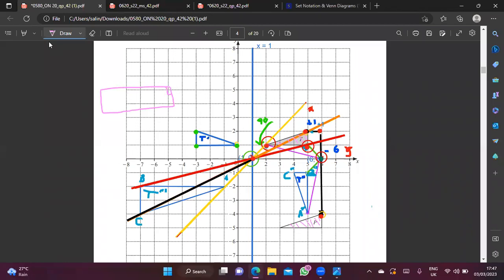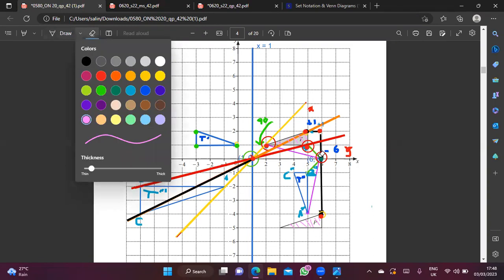Let's see, just 1 second. I wish I had a ruler here. So this is the point, this is the line. Get your ruler, use the edge to make 90 degrees and draw a line. So this is what I did. Green line, and this angle is 90 degrees.